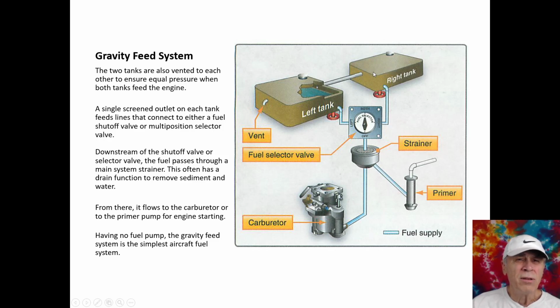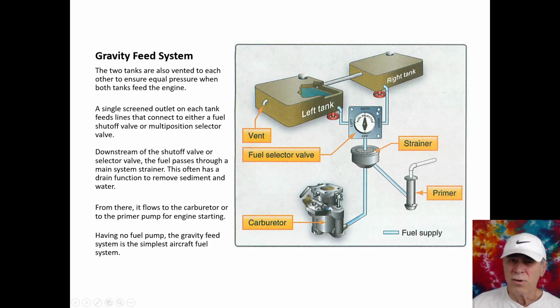A single screen outlet on each tank, feed lines that connect to either a fuel shutoff valve or a multi-position selector valve. In this case, it's to a selector valve. Shutoff valves are upstream. So the fuel selector valve is here.